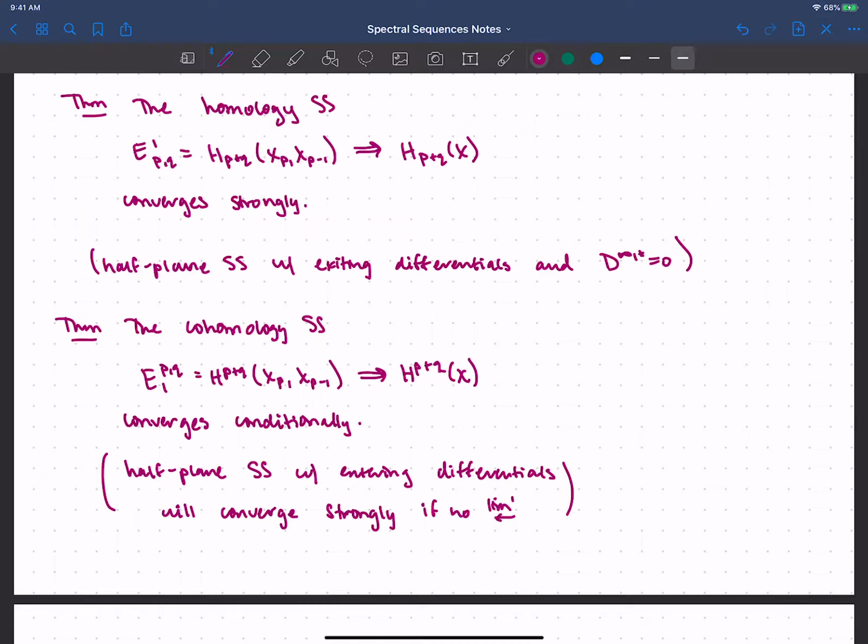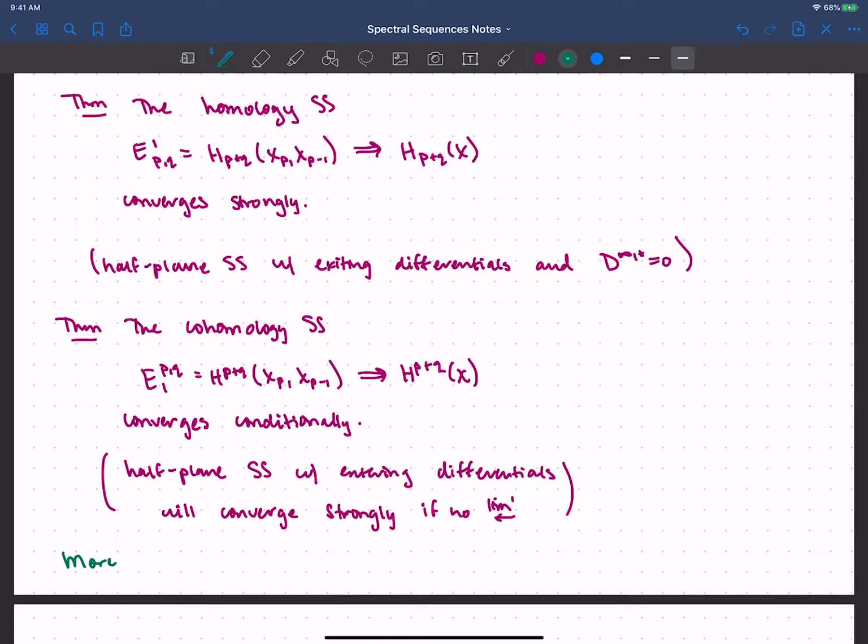But in any case, we're never going to get quite as good of a spectral sequence convergence for the cohomology case as we can with this nice homology case because the colimit is exact. Okay, maybe let me say also, these theorems that I've written down are actually better than this.